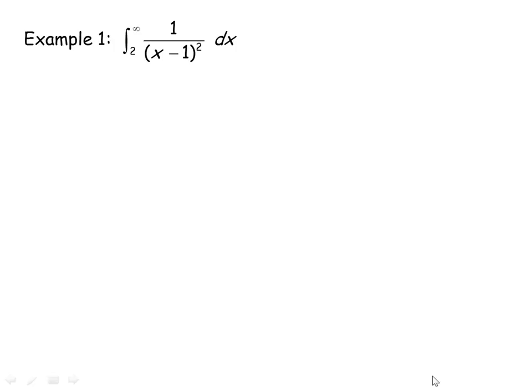So let's rewrite it. Watch this, we're going to do the limit as t goes to, and you're using the first one, so t goes to infinity, of the integral, and we're going to replace infinity with that t so that we can do the antiderivative without having to worry about the infinity, of your function.